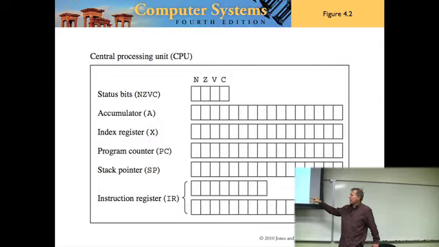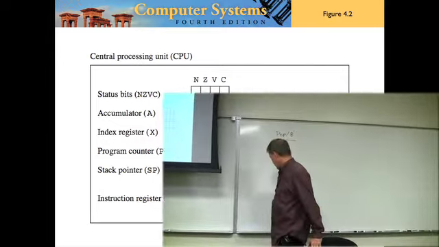So what happens is instructions come in 2 different flavors, chocolate and vanilla, actually. Unary and non-unary. So unary instructions are instructions that have just 8 bits.